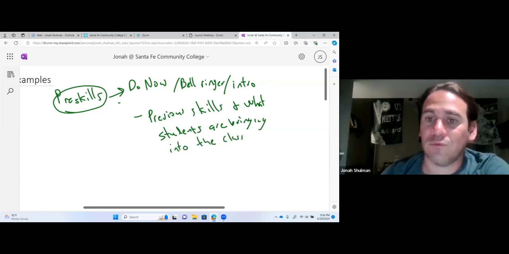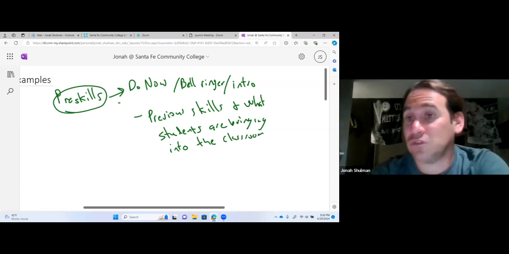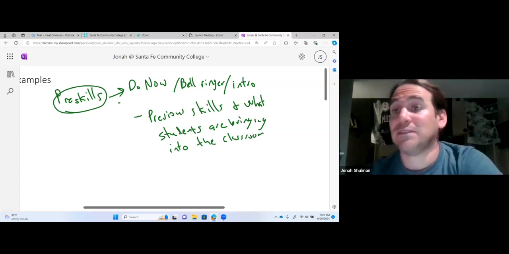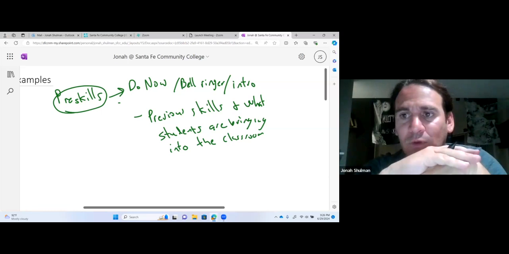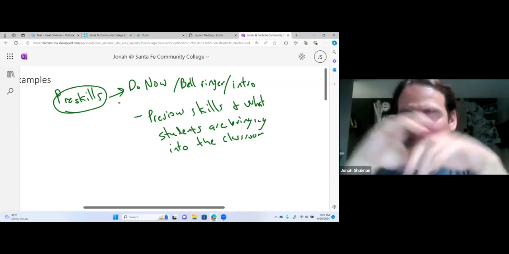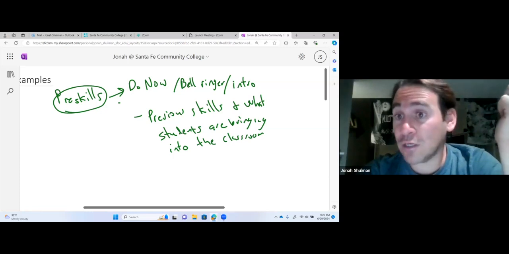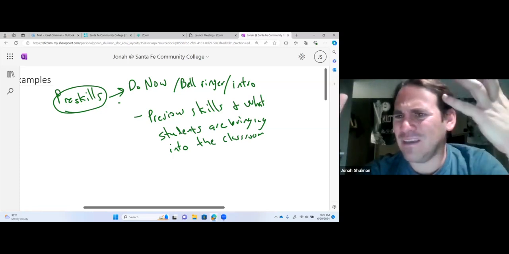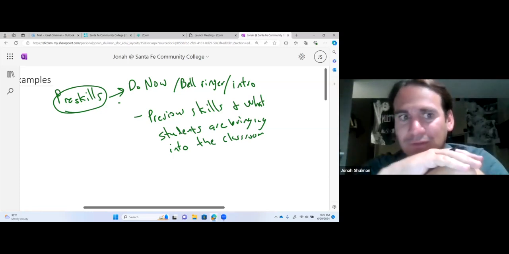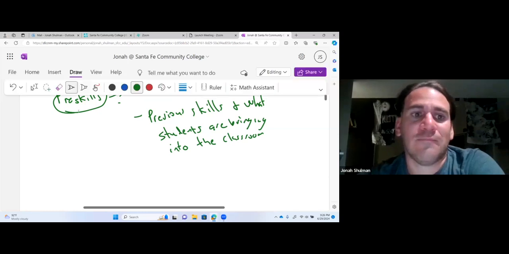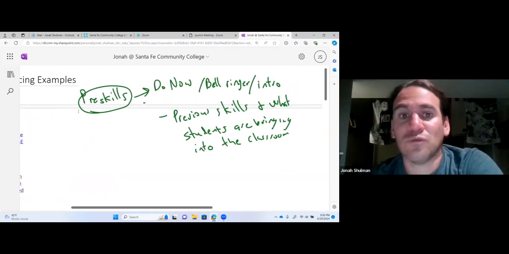Now, this could be from a previous lesson, which you'll see. I'll have a do now from a previous lesson to help them. You'll also see me trying to gauge their knowledge using a which does not belong, just to gain what they already know about the topic beforehand. So that should be the first type of thing you do with your examples.